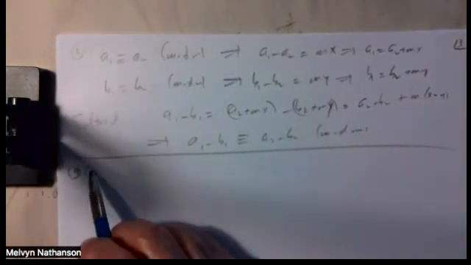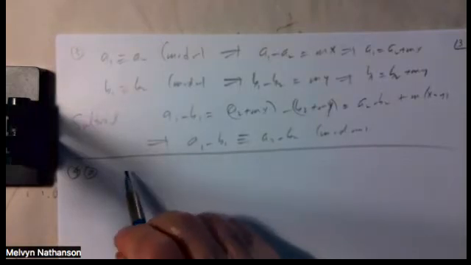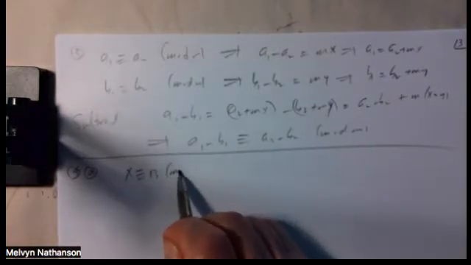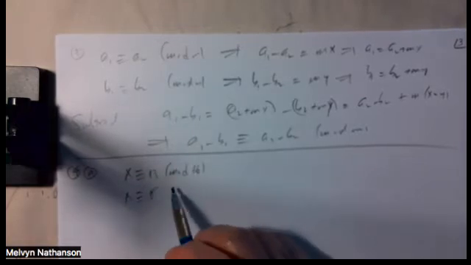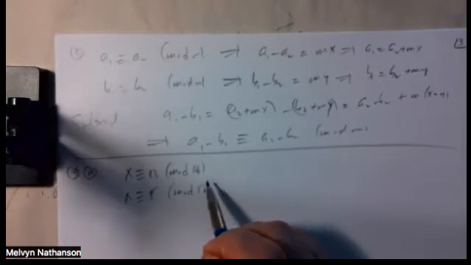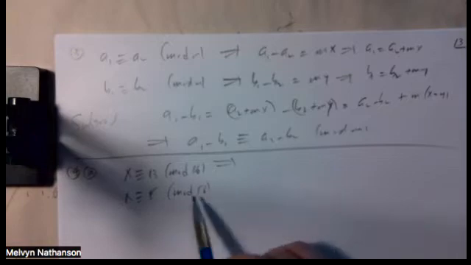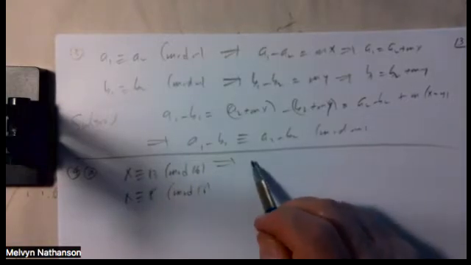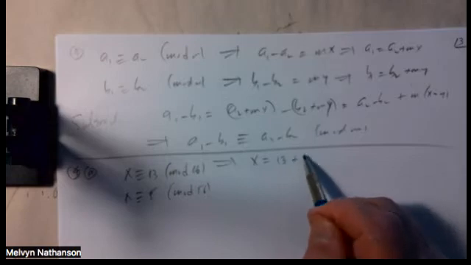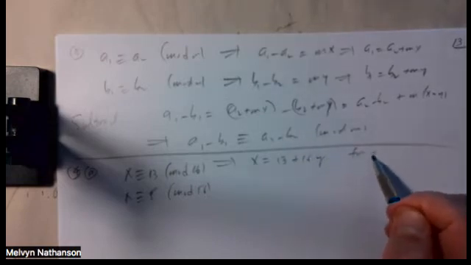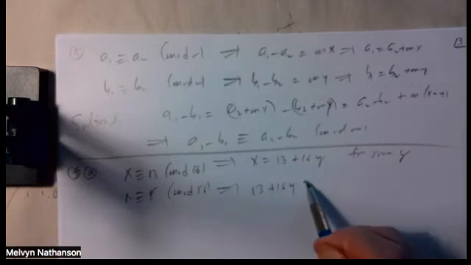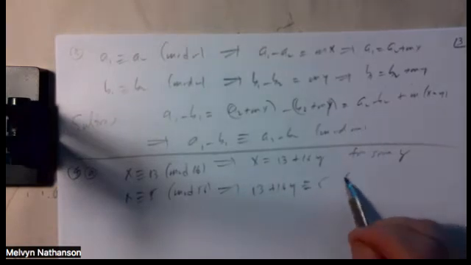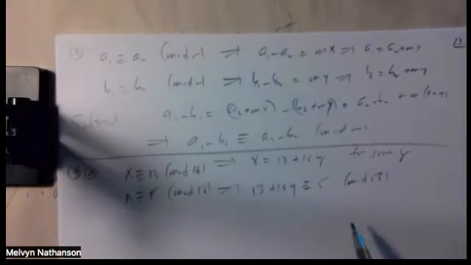So in problem 4, you want to solve some congruences. X congruent to 13 mod 16. X congruent to 5 mod 56. So if X is congruent to 13 mod 16, that means X is equal to 13 plus 16Y for some integer Y. So if I substitute that for X here, that says 13 plus 16Y should be congruent to 5 mod 56.